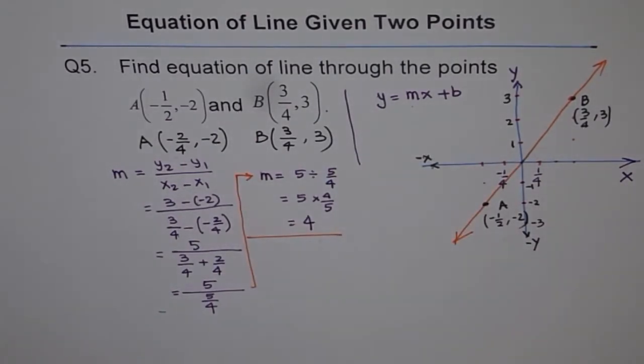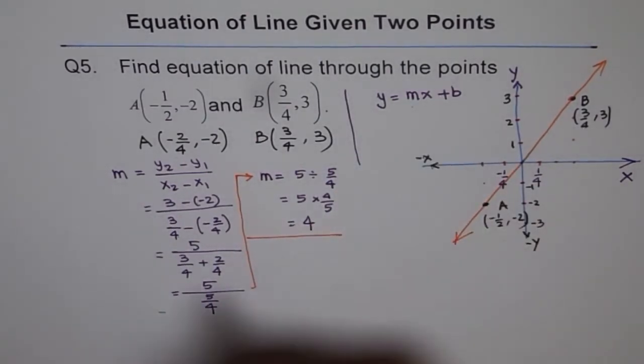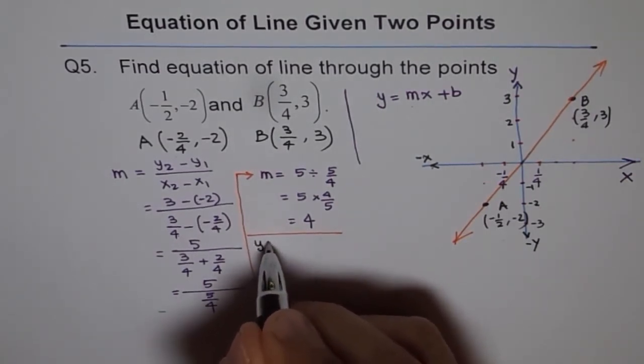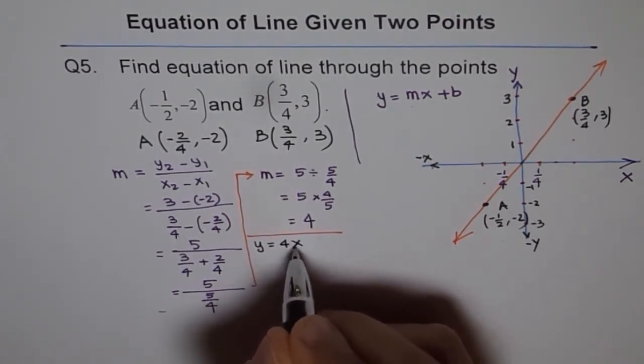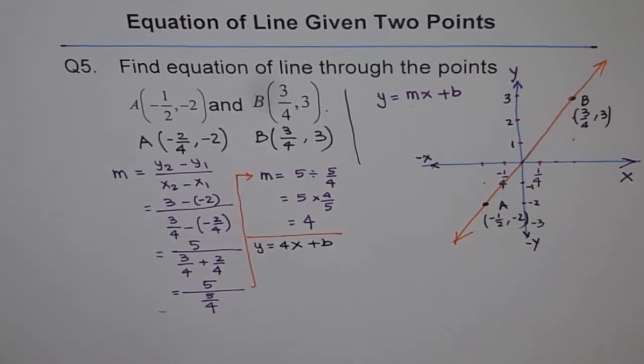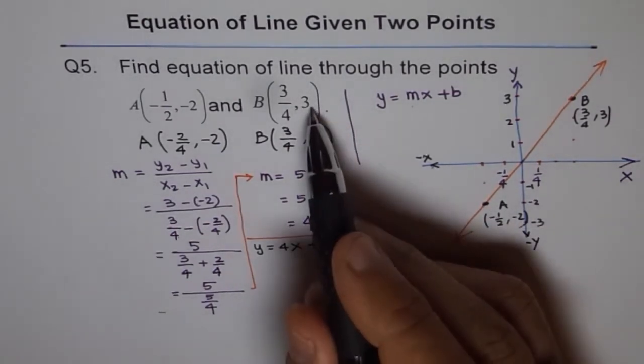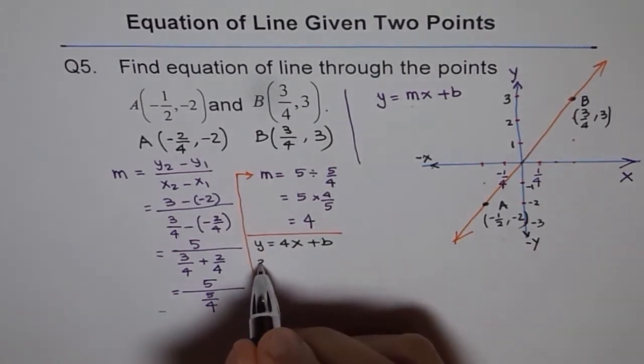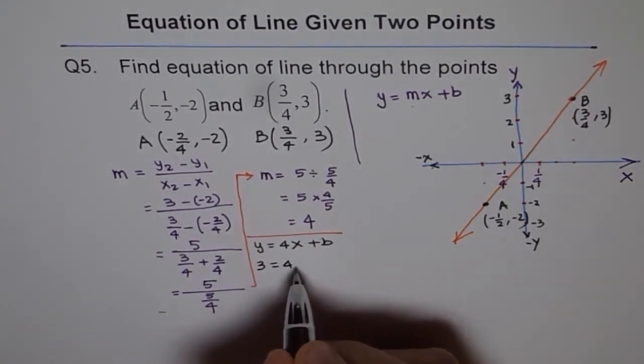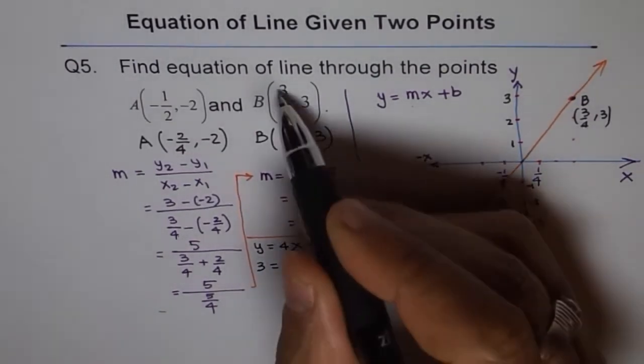So how do we do that? Let's rewrite the equation with this slope, which is y equals 4x plus b. To find b, we need 1 point. Both have fractions. Let's take 3 over 4. 4 will cancel out. So the y value is 3. Let's write 3 here, equals 4 times, and what is x? x is 3 over 4.